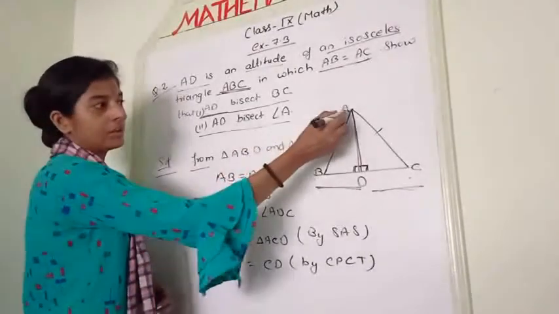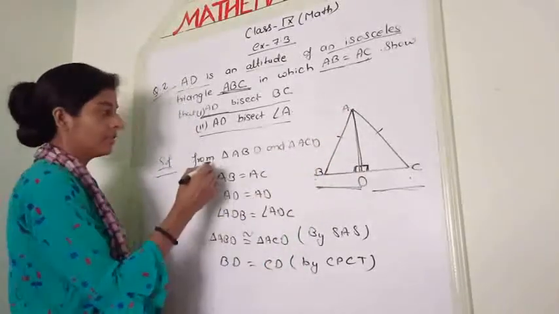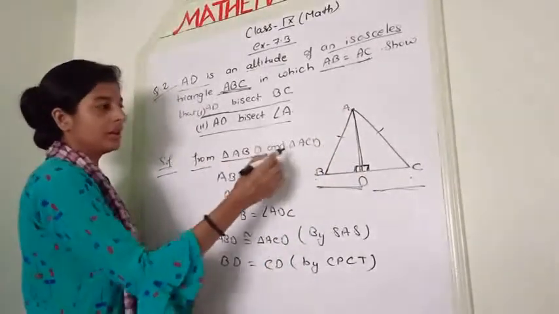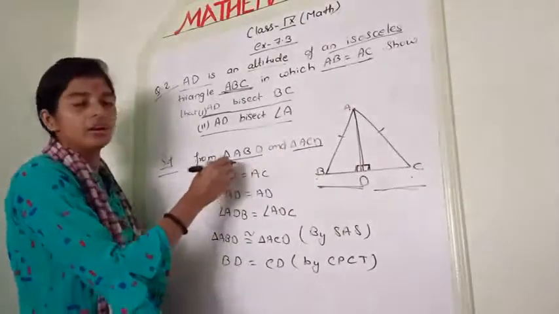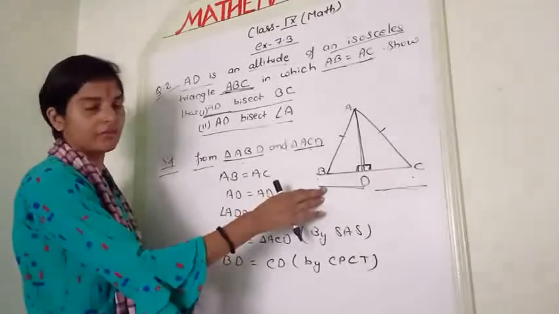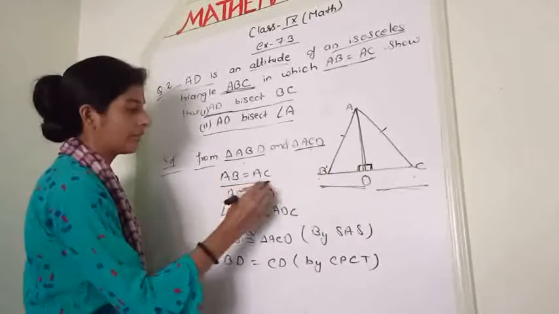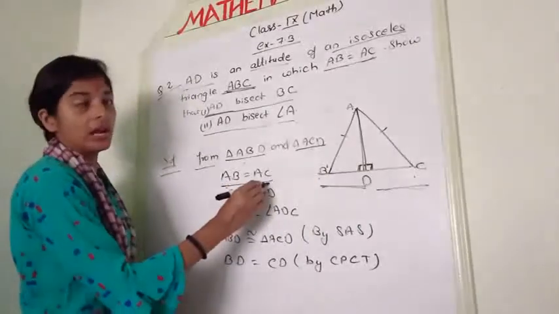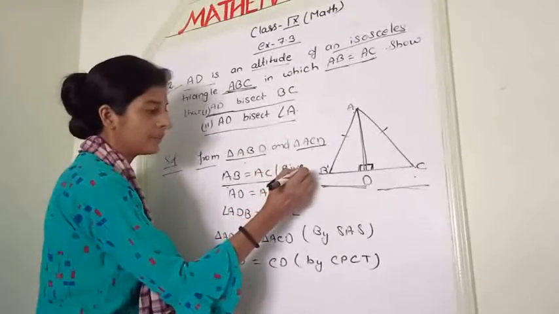First of all, we will take the two triangles, triangle ABD and triangle ACD. In these two triangles we will write the equalities according to what is given in the question. AB is equal to AC. Here we have written AB is equal to AC, and this is given in the question, so we will write here "given".